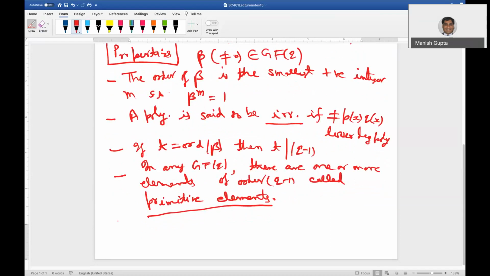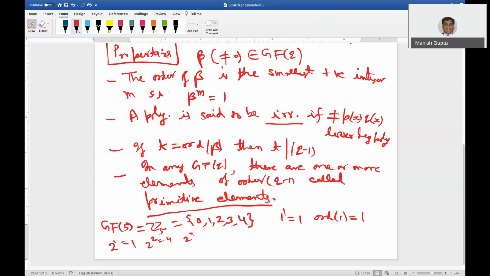So let us take an example of GF(5), that means we are looking at Z5. Elements are 0, 1, 2, 3, 4. So 1 raised to power 1 is 1, so the order of 1 is 1. 2 raised to power 1 is 2, 2 square is 4, 2 cube is 3, 2 raised to power 4 is 1.